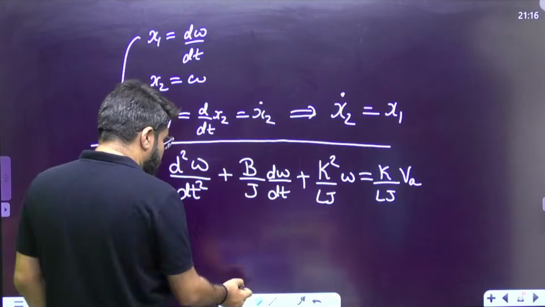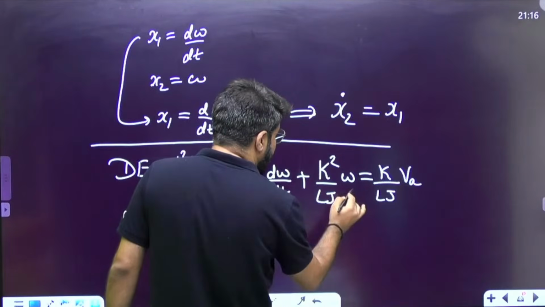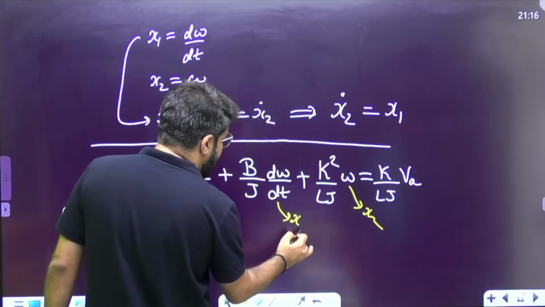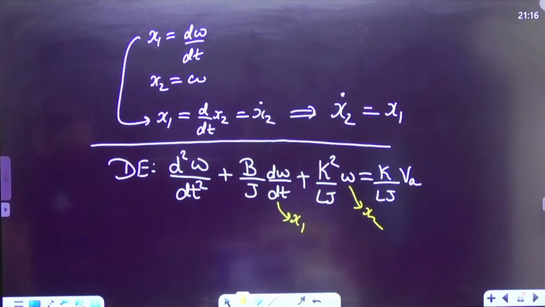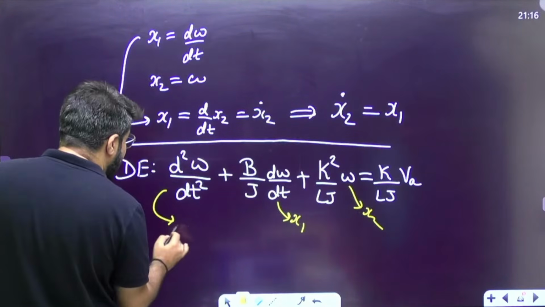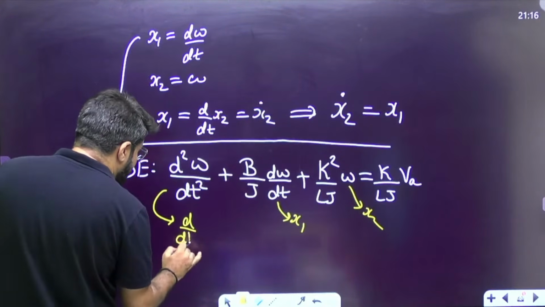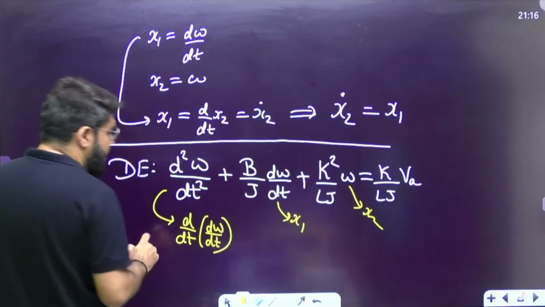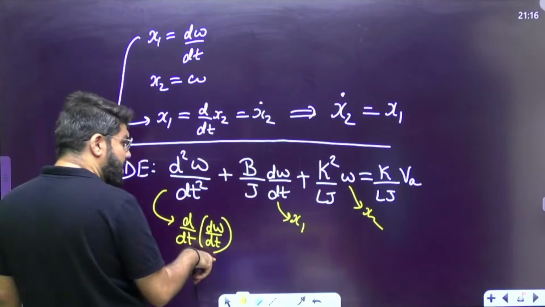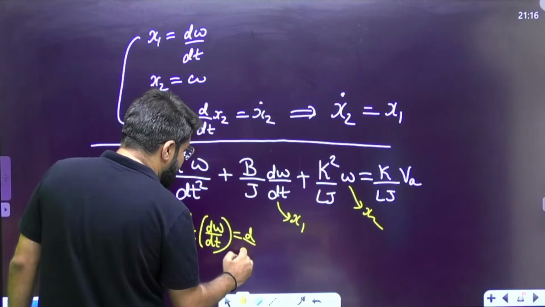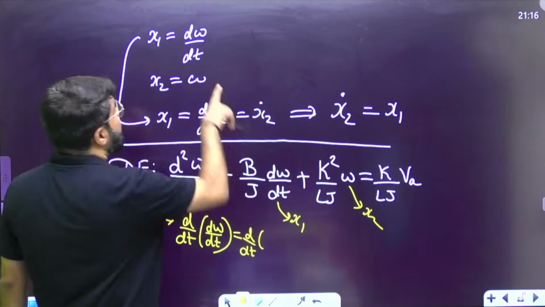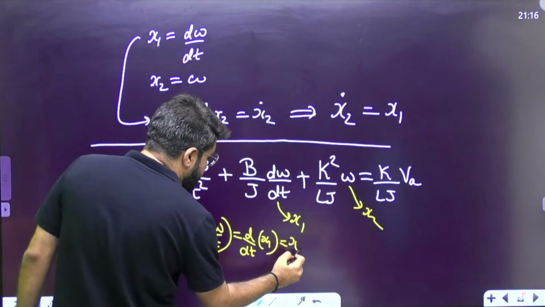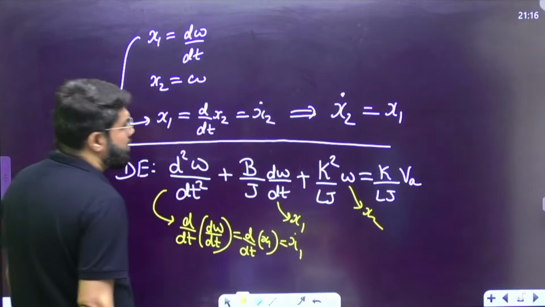Now see, out of this, what all we know? We know that omega is my state variable x2, and d omega by dt is my state variable x1. Now, what is this d2 omega by dt square? Because I don't want any second derivative term, this can be written as d by dt of d omega by dt, which is your x1, and the derivative of x1 is noted as x1 dot.